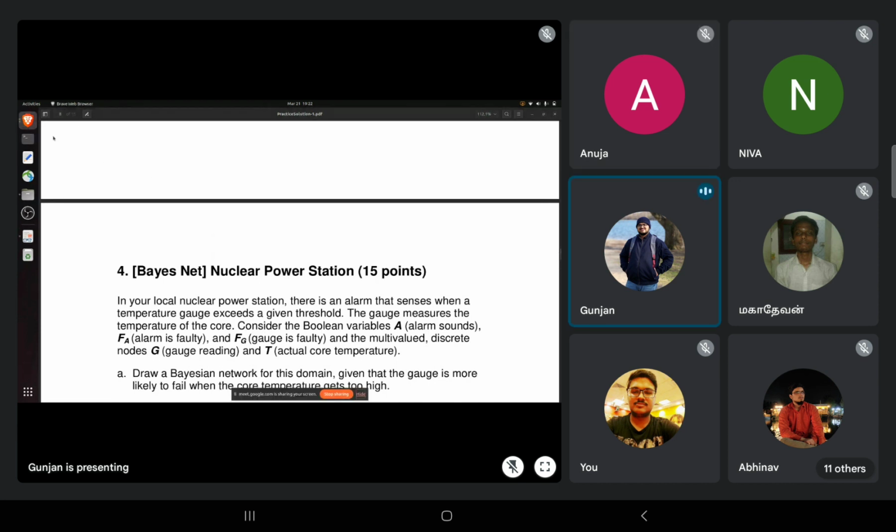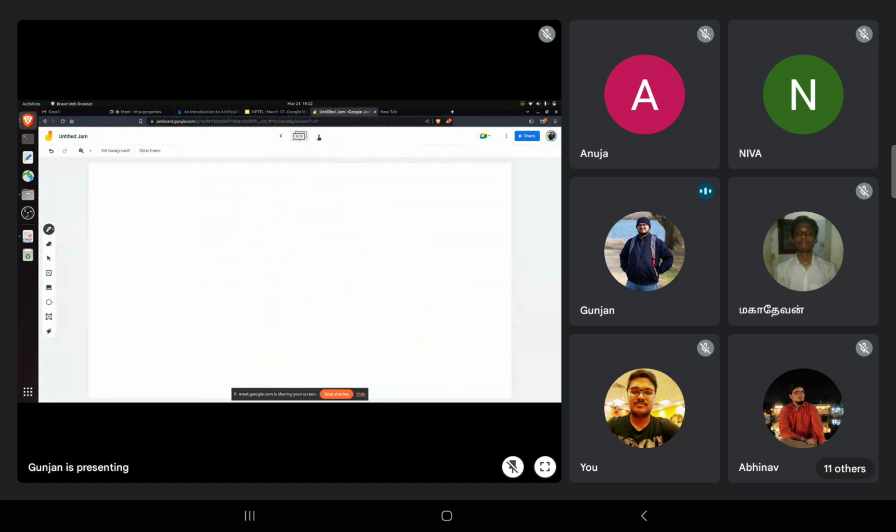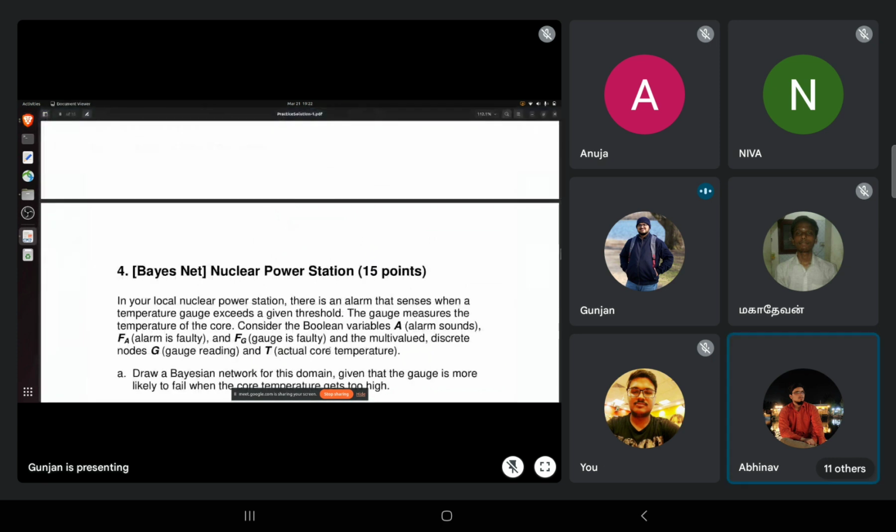So essentially what I'm asking is, let's say you are given these variables. We have figured out two things: there is a temperature variable T and there is an alarm variable A, and somewhere in the middle there is a gauge variable G. And it says in the question that temperature influences the gauge, given that the gauge is more likely to fail when the core temperature gets too high.